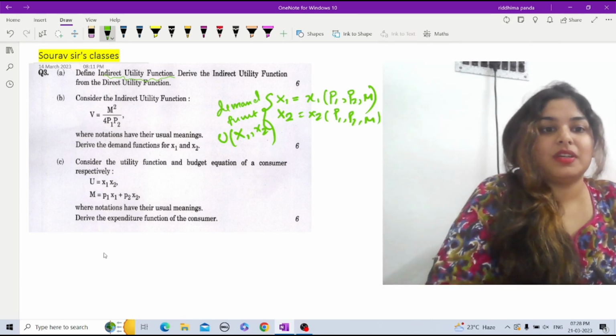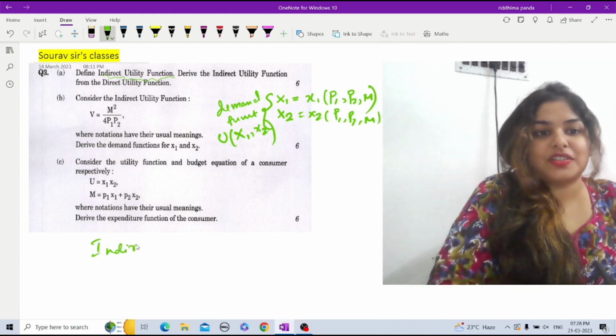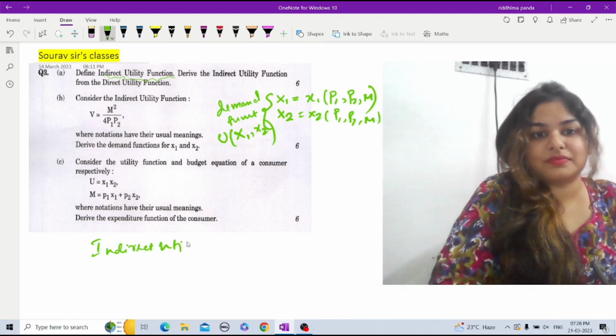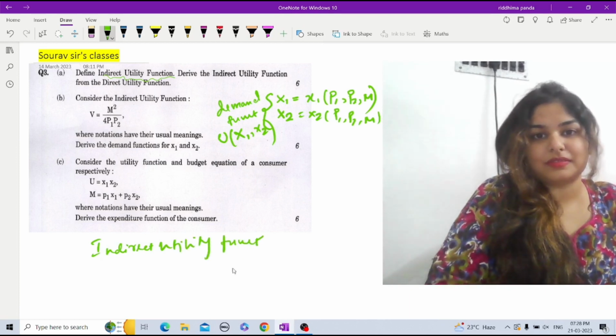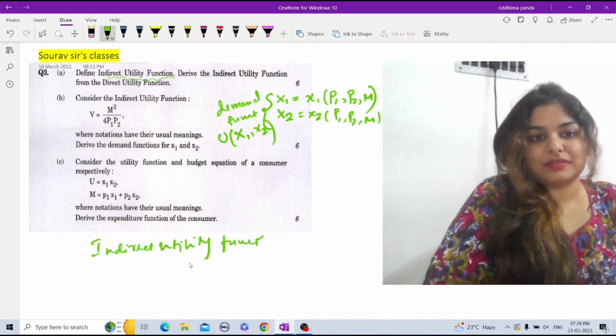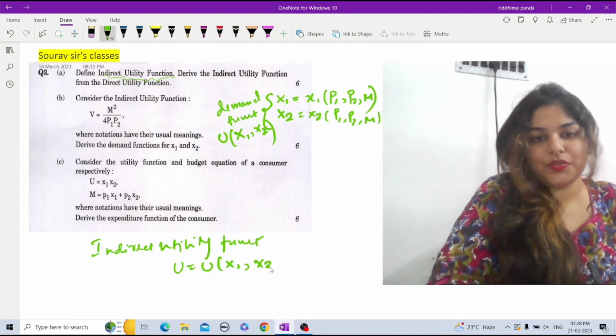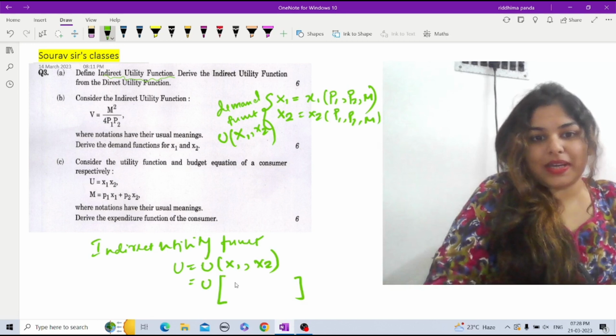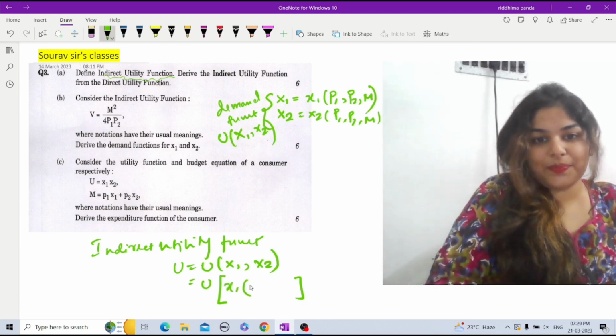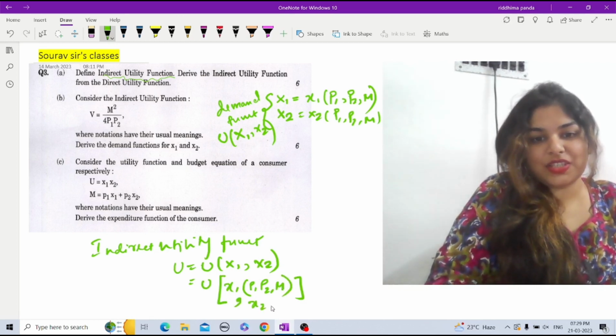I can write down our indirect utility function as follows. First of all, U is a function of X1, X2. In place of X, I write its function, that is X1(P1, P2, M), comma, X2(P1, P2, M).